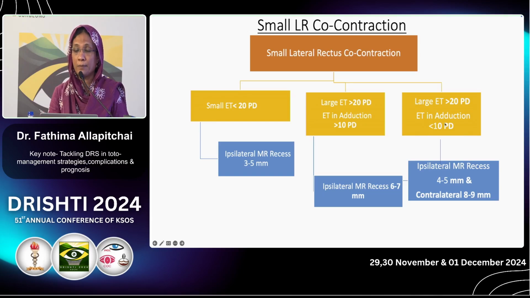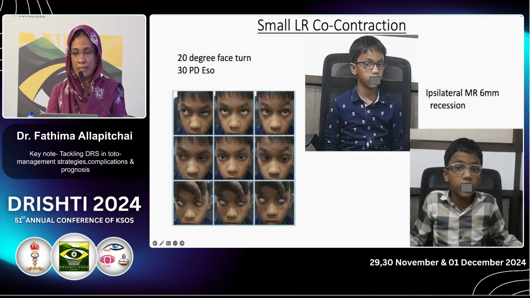If it is less than 10 prism diopter, better reserve very little recession for the ipsilateral eye and go with a higher amount of recession on the contralateral eye. That is called asymmetric recession. This is a boy with a 20-degree face turn and 30 prism diopter ESO. Because of the small face turn and small ESO, he underwent a single ipsilateral 6 mm recession.